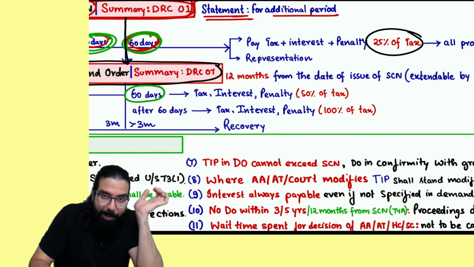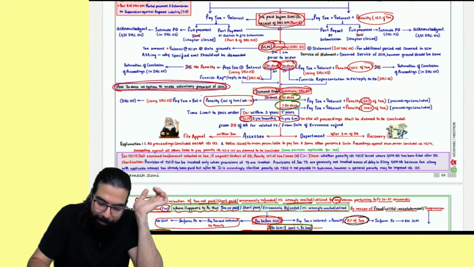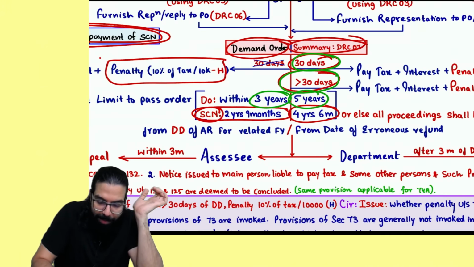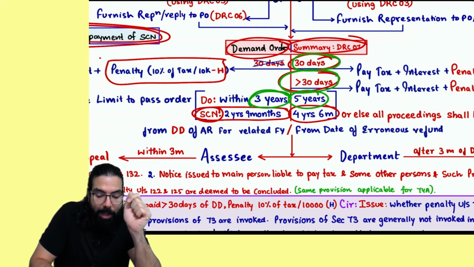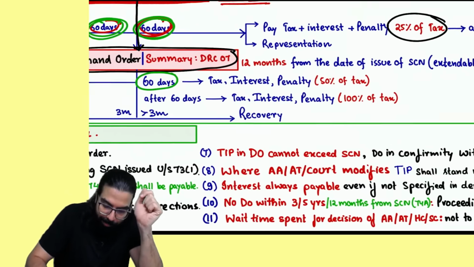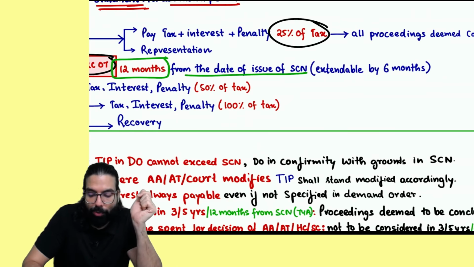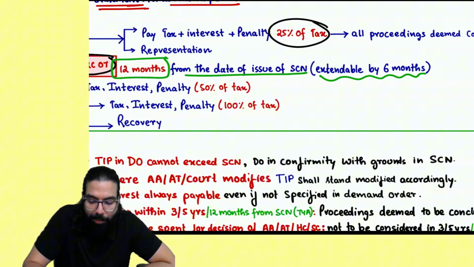And the demand order time limit is also changed, Baba. One more thing, 1 minute. Earlier, the demand order time limit was 3 years and 5 years. Now they have not linked this. 3 years in case of non-fraud case, 5 years in fraud case. Now here, the demand order is to be given within 12 months from the date of show cause notice. And it is extendable by how much, everyone? 6 months.